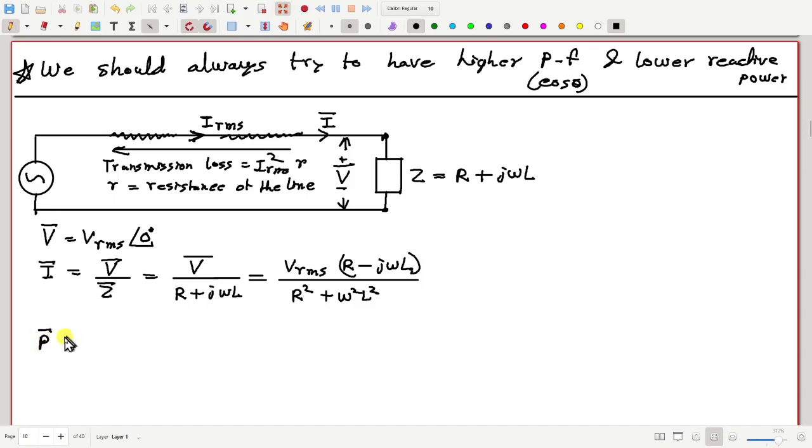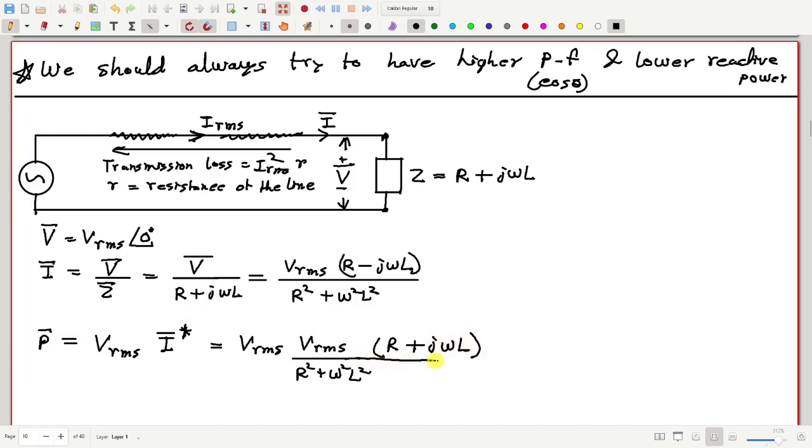Now complex power is how much? That will be V RMS angle 0 degrees, multiplied by I bar star, so that will be V RMS, then V RMS by R square plus omega square L square into R. Here this minus j will become plus j when you take the conjugate, j omega L. If you expand, you will get V RMS squared into R plus V RMS squared into j omega L by R square plus omega square L square.